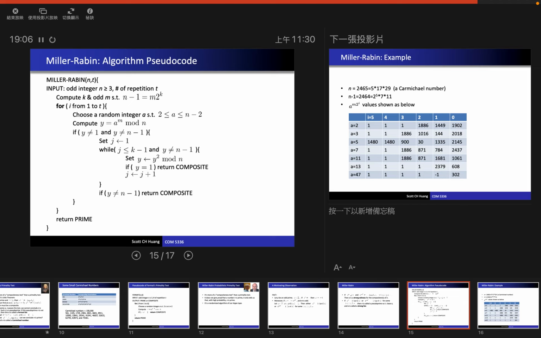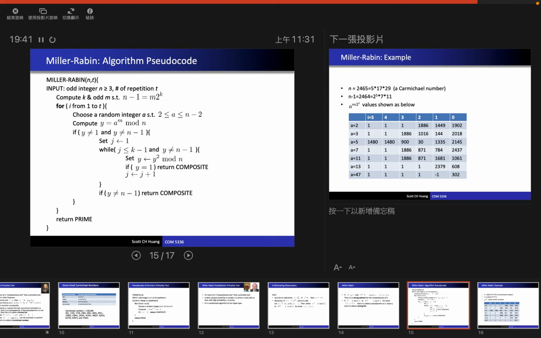Then we keep squaring and check whether it becomes 1. So this condition is the same as checking whether or not this y is something else. Yeah, so that's the algorithm.